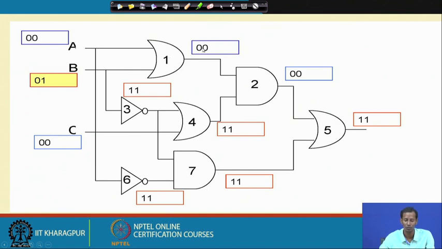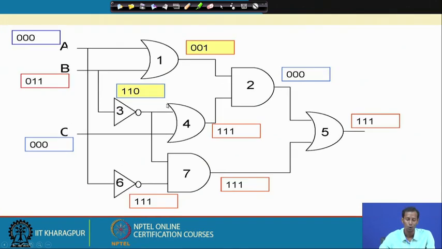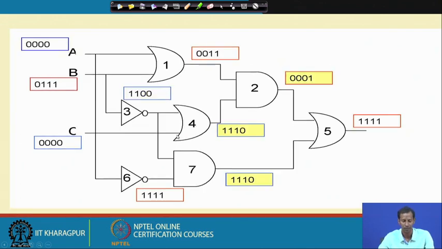So initially this 0 passes through, 0 0, and 1 1 here, 1 1 here. Now whenever this 1 continues, it will try to affect this as 0 and this as 1, and because of this the output changes accordingly. Then next it will become 0 0, this will become 1 1, and these are all 1. So based on that, 1 1 0, 1 1 0, 0 0 1, 1 1 1.